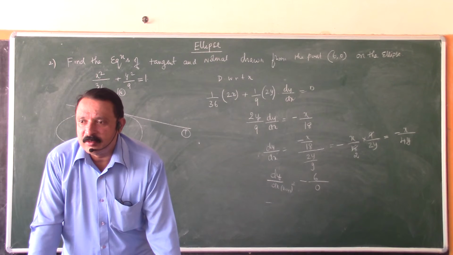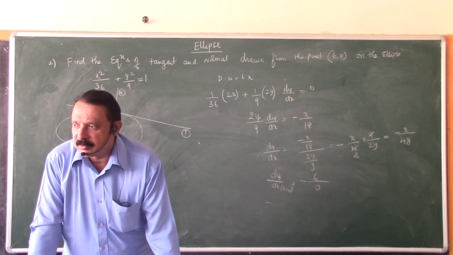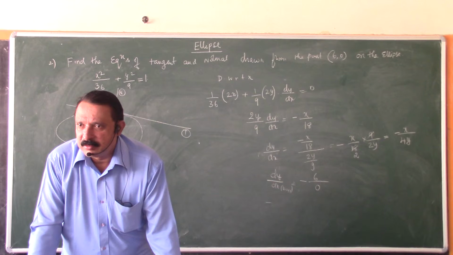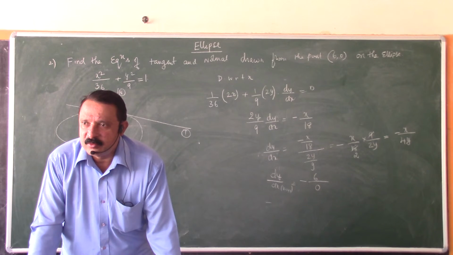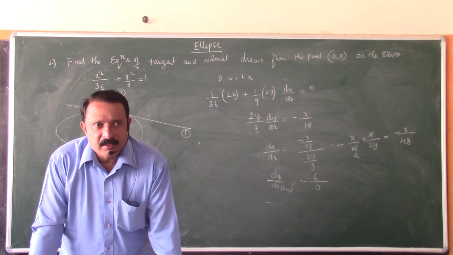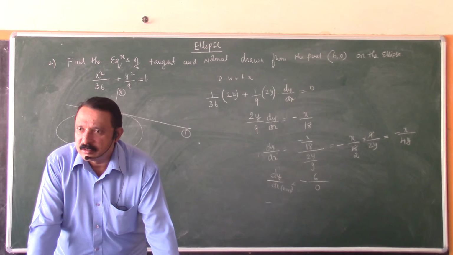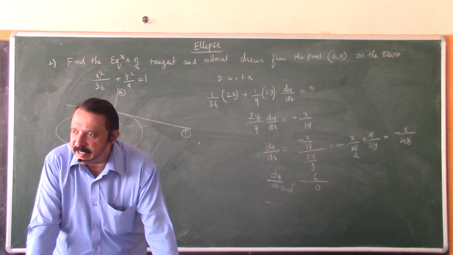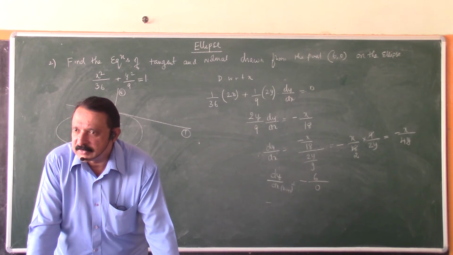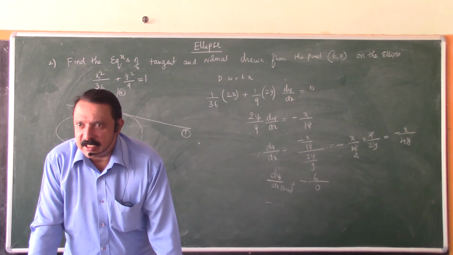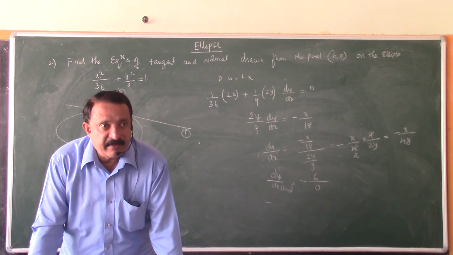Anything by 0? 0 by anything is 0, but anything by 0 is undefined, or it is infinity. Okay? It is undefined or it is infinity.